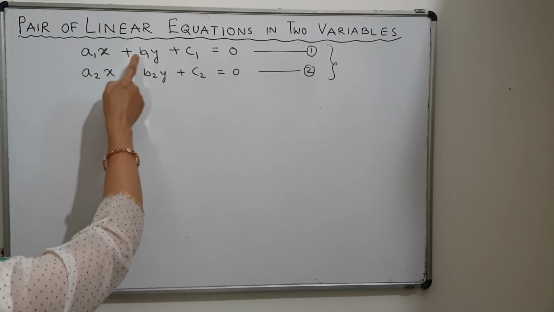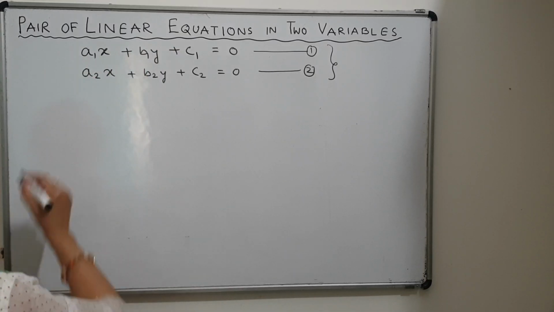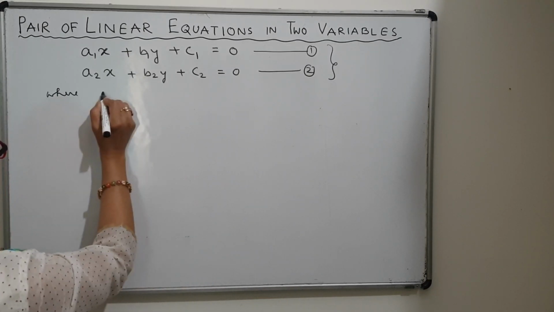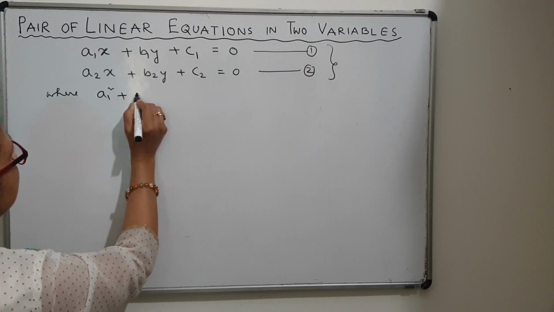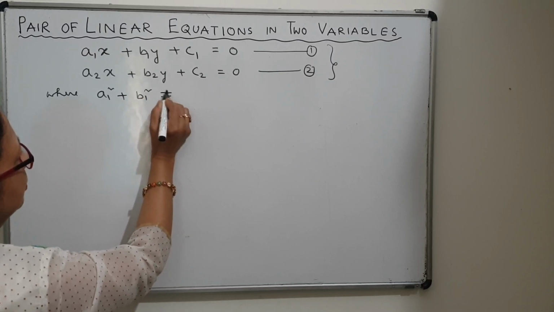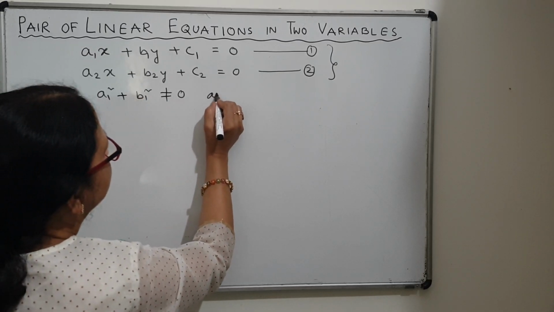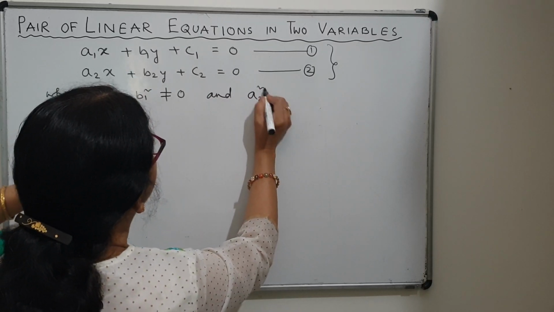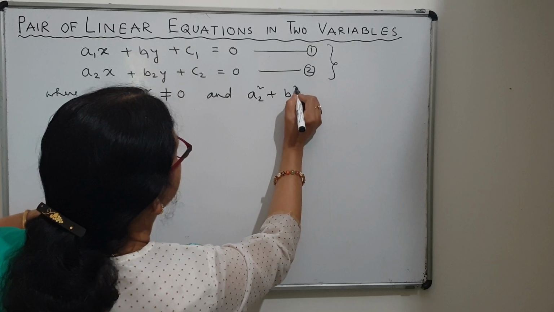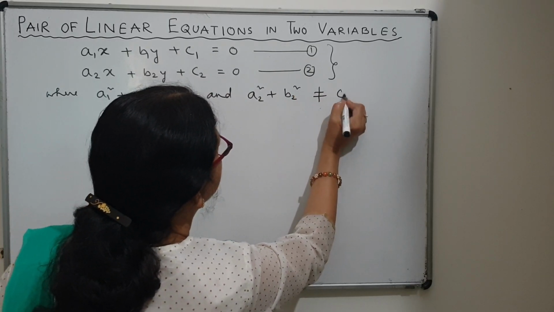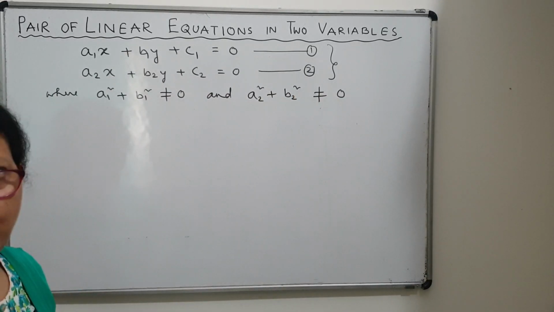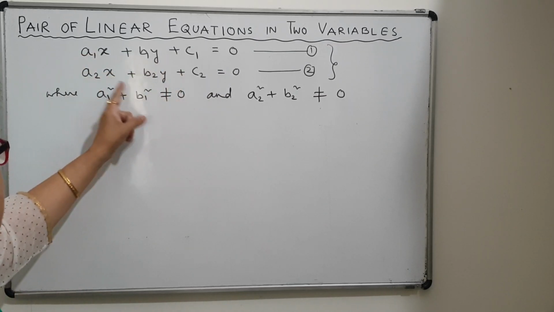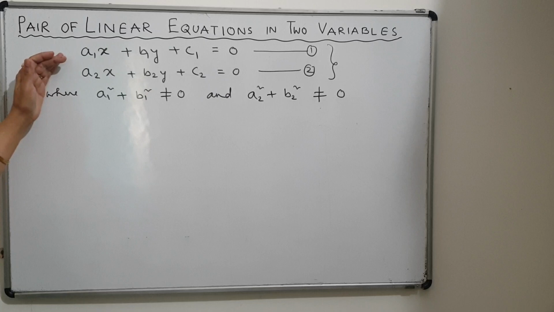Because a1 cannot be 0, b1 cannot be 0, I write a1 square plus b1 square is not equal to 0. Similarly from the second equation also a2 cannot be 0, b2 also cannot be 0, and together I write these two conditions to be fulfilled. So this is the pair of linear equations in two variables, standard form.